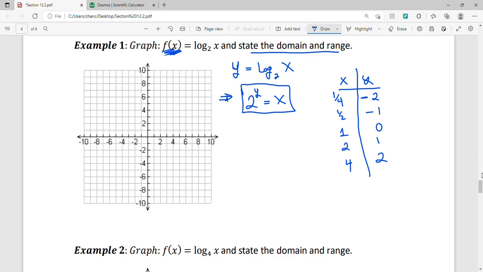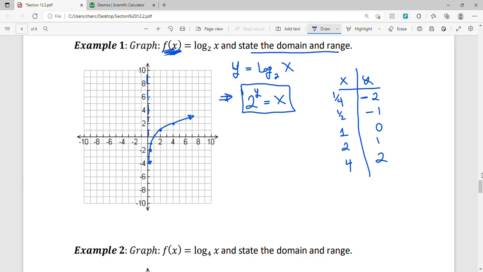1/4, comma, -2. 1/2, comma, -1. 2, comma, 1. 4, comma, 2. So this is our logarithmic function. It looks kind of like an exponential function, but it doesn't have a horizontal asymptote.